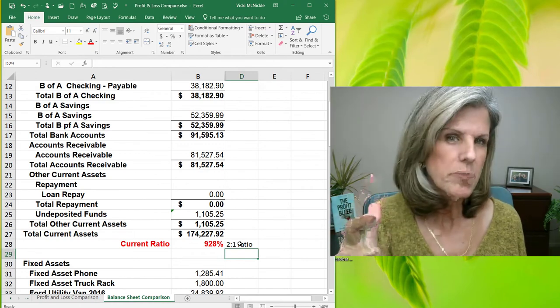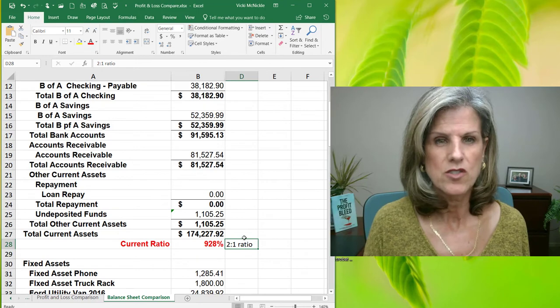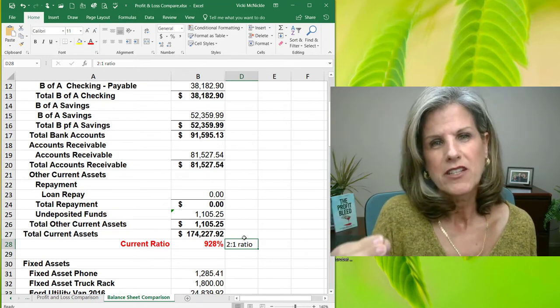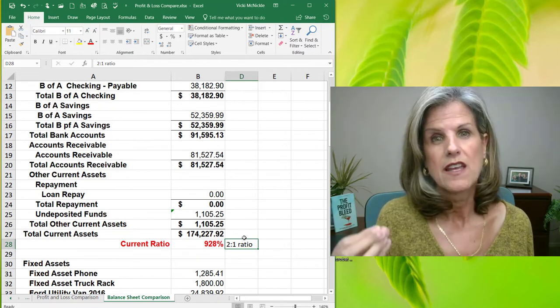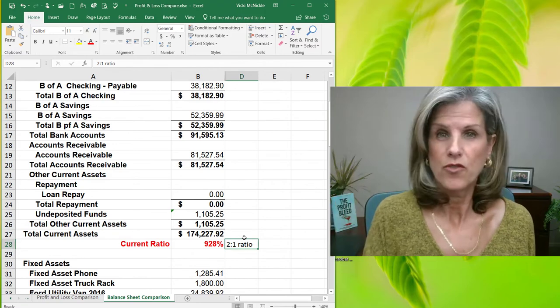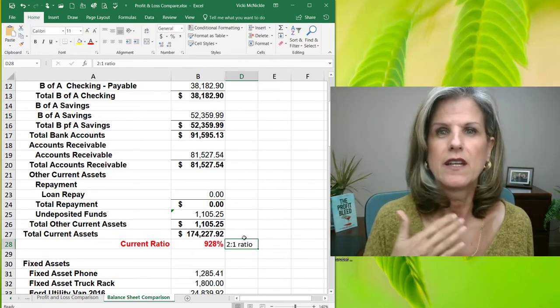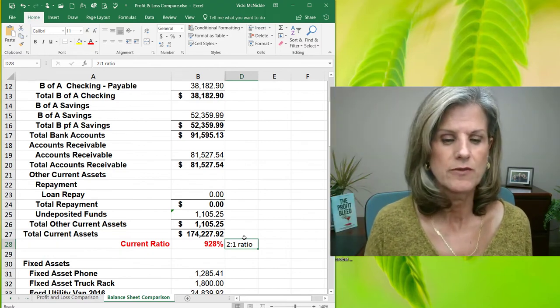And I'm going to talk a little bit more in a second about why that is important and what some other reasons are that you want to have that. The most obvious reason is I want to make sure that I have more cash available to me in my business than I'm going to owe, for all the very obvious reasons. Otherwise you end up having to borrow money to pay loans and debt and credit cards and payables and that kind of stuff.